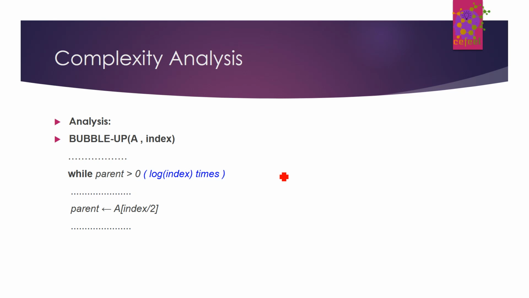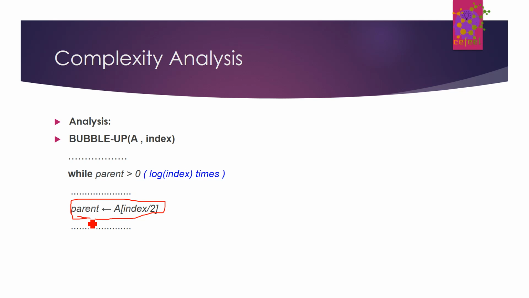Now in bubble up procedure, what happens is, if you notice, there is one while loop which actually starts from the parent, and it actually runs till parent is greater than 0, which means when we add an element to the heap, we add the element at the end of the heap, so at the last element n, and every time we compare it with its parent, so parent is nothing but index by 2, till the element finds its space in the existing array.